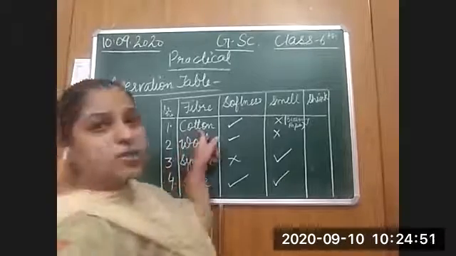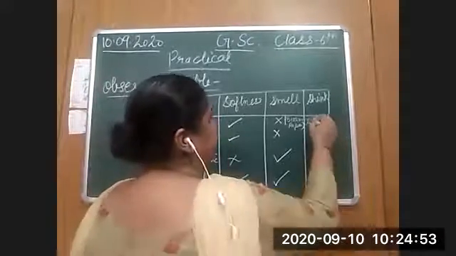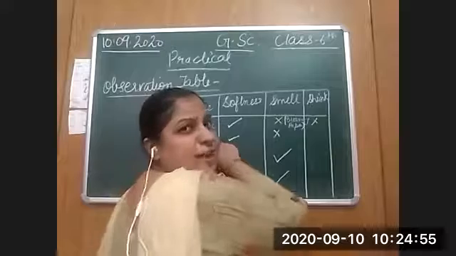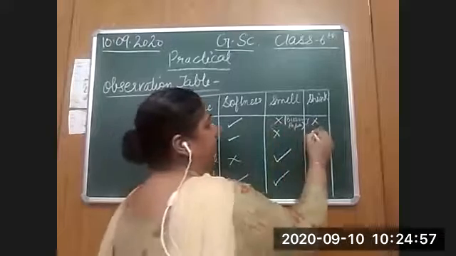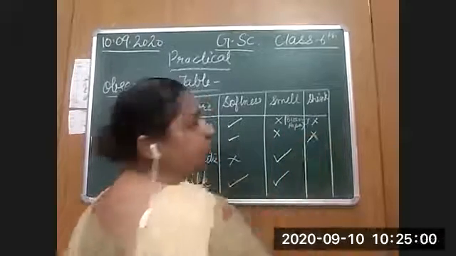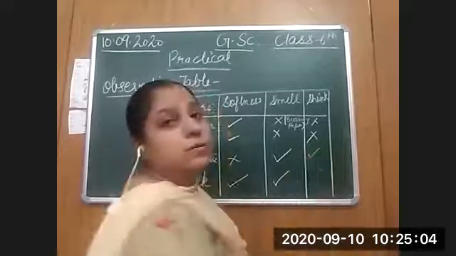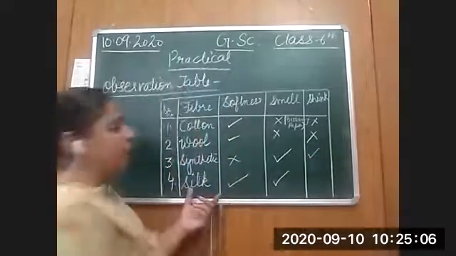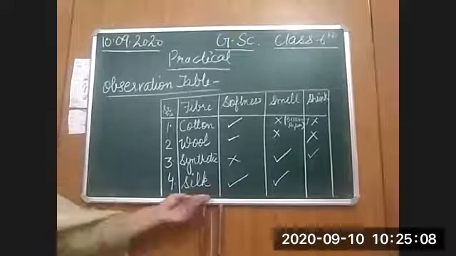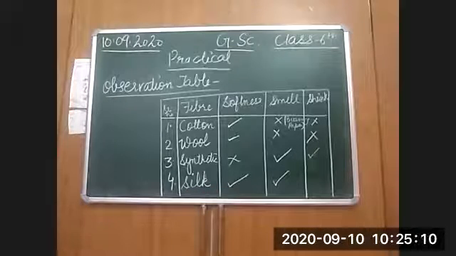Now will the cotton shrink? No, it will melt. Will the wool shrink? No, it will also melt. What about synthetic? It will shrink. Right? And what about the silk? What will happen if you burn the silk?